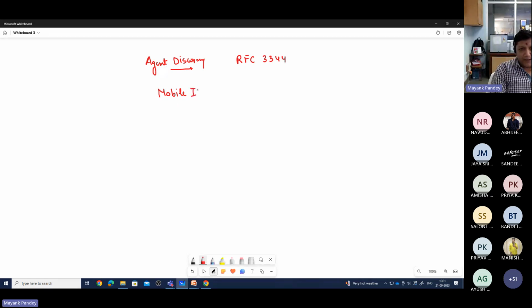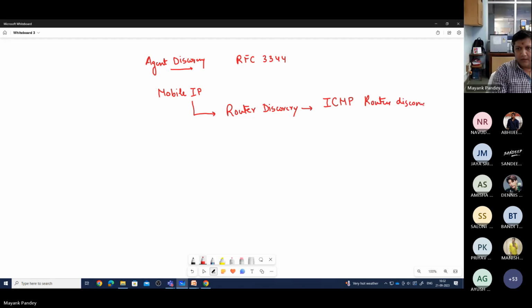Now, for agent discovery, mobile IP builds on the existing router discovery. I explained this in the previous course, computer networks, where the ICMP router discovery method was there.